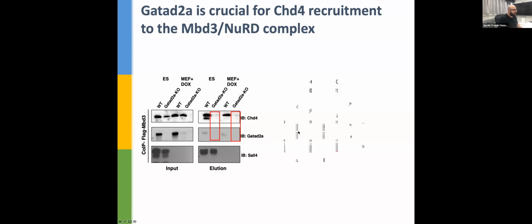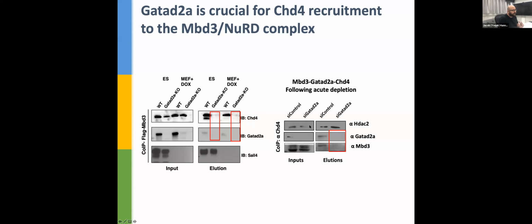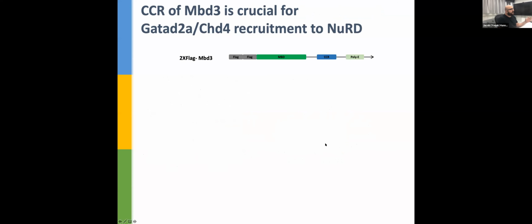We did this also in a different assay in the fibroblast, not only in ES cells. Again, if you IP CHD4 and you deplete Gatad2a, you cannot IP Mbd3. So basically, we're looking at an axis of Gatad2a bringing Mbd3 and the rest of the complex.